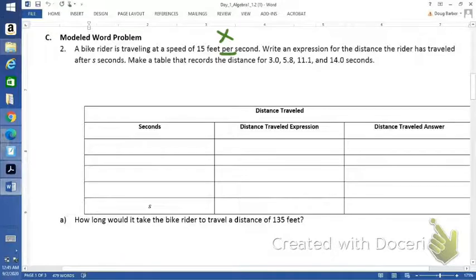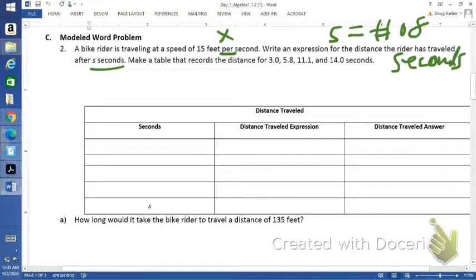It's easy because it's already defined for us. So s is seconds. So s equals the number of seconds. Alright, so my expression becomes 15 times s.